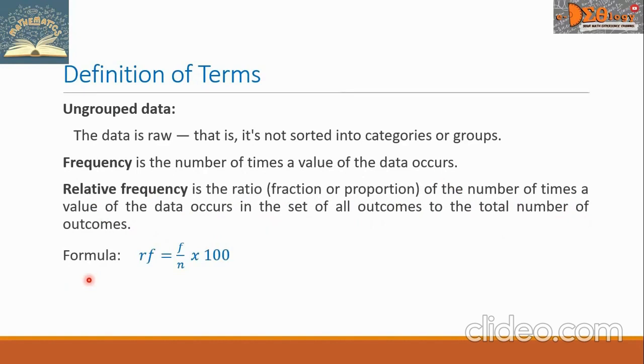The formula will be like this. Rf equals F over N times 100, where F is the frequency and this N is the total number of frequency.